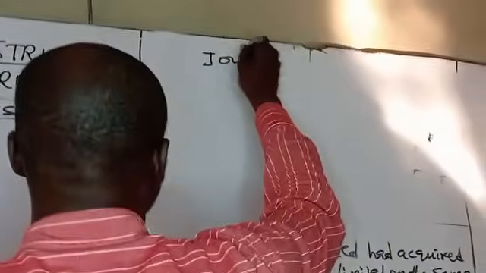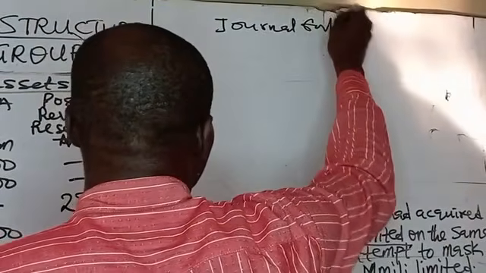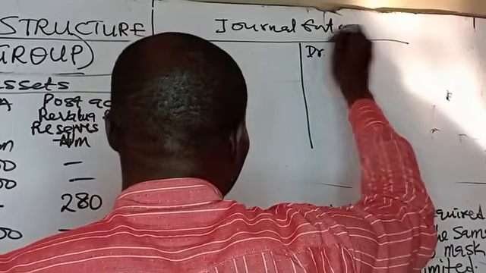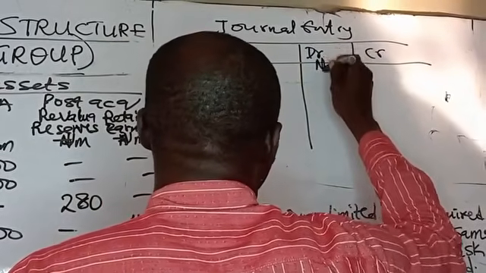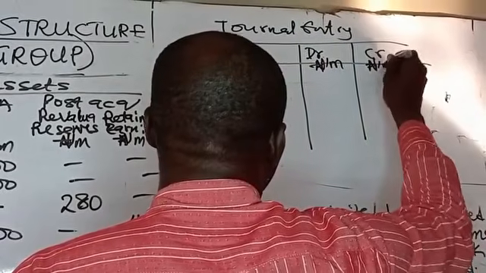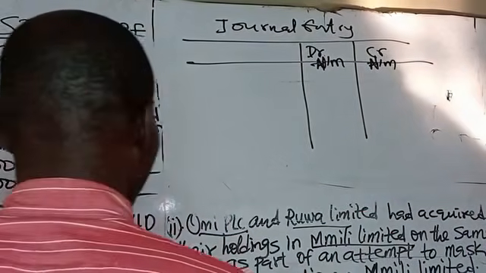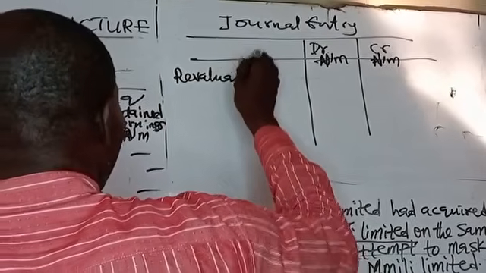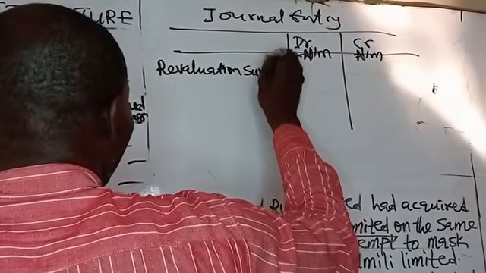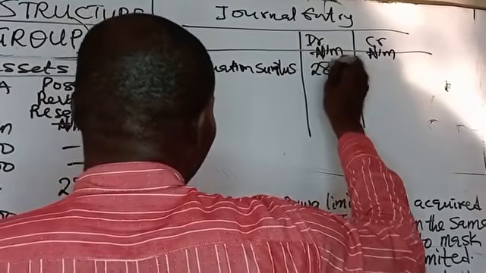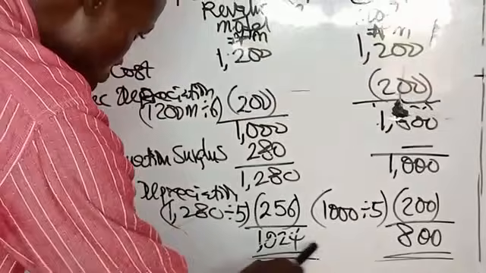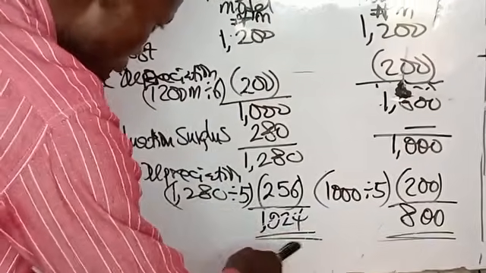Let's raise the journal entry for that. We have the debit and credit side. The revaluation surplus was having a credit balance, so you debit revaluation surplus or revaluation reserves of 280. If you look at this now, you want to reduce your PPE from 1,024 to 800.